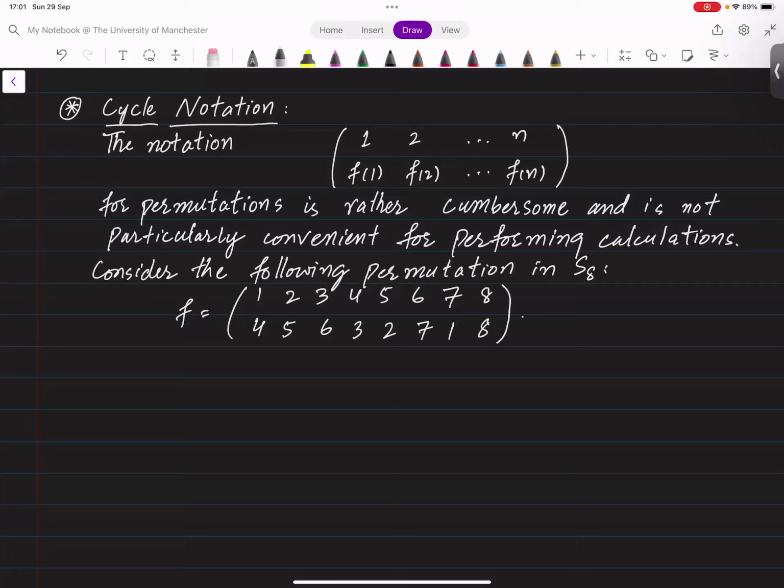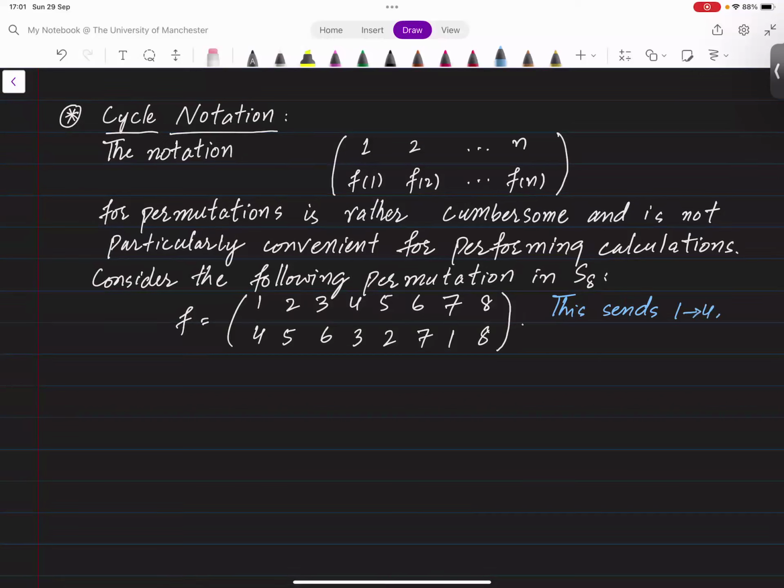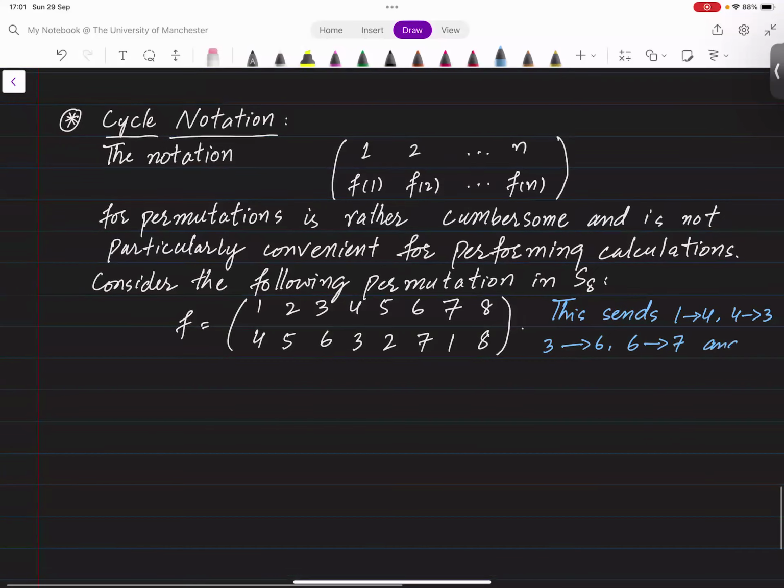Now you can also write this as follows. This sends 1 to 4, 4 to 3, and then 3 to 6, then 6 to 7, and we are back to 1, since 7 goes to 1.